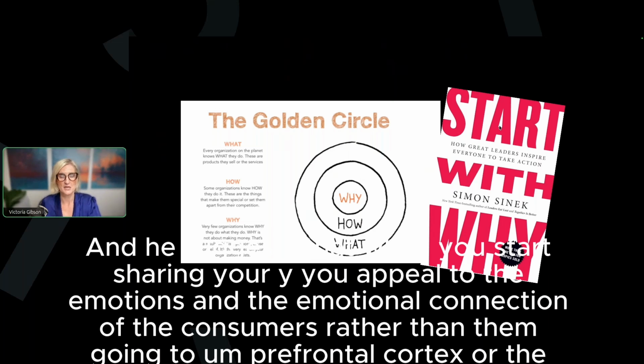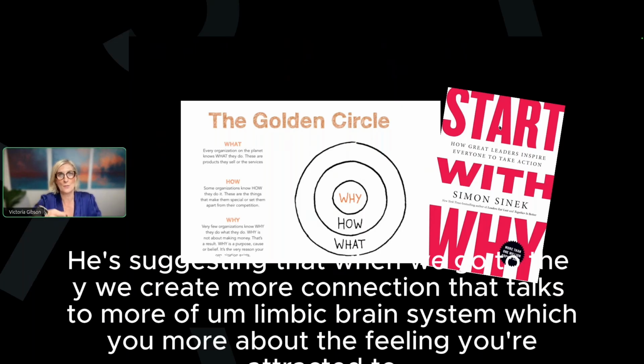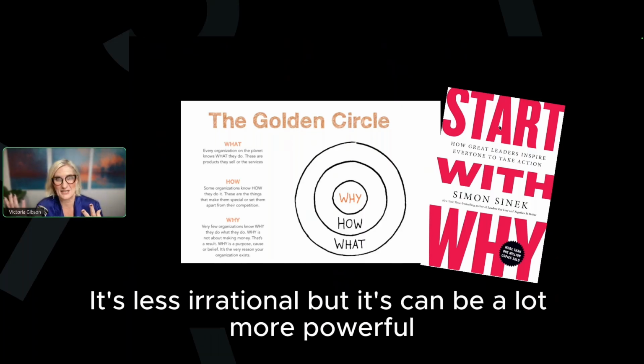the consumers. So rather than them going to the prefrontal cortex or the logical reasoning brain that we know makes great decisions and is more linear in its thinking, he's suggesting that when we go to the why, we create more connection that talks to more of the limbic brain system, which is more about the feeling, and what you're attracted to. It's less rational, but can be a lot more powerful.